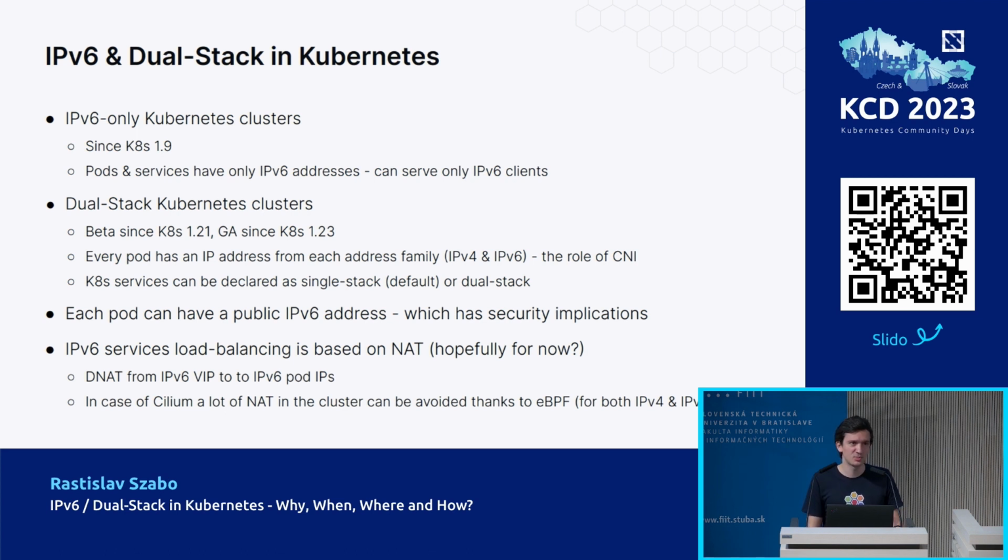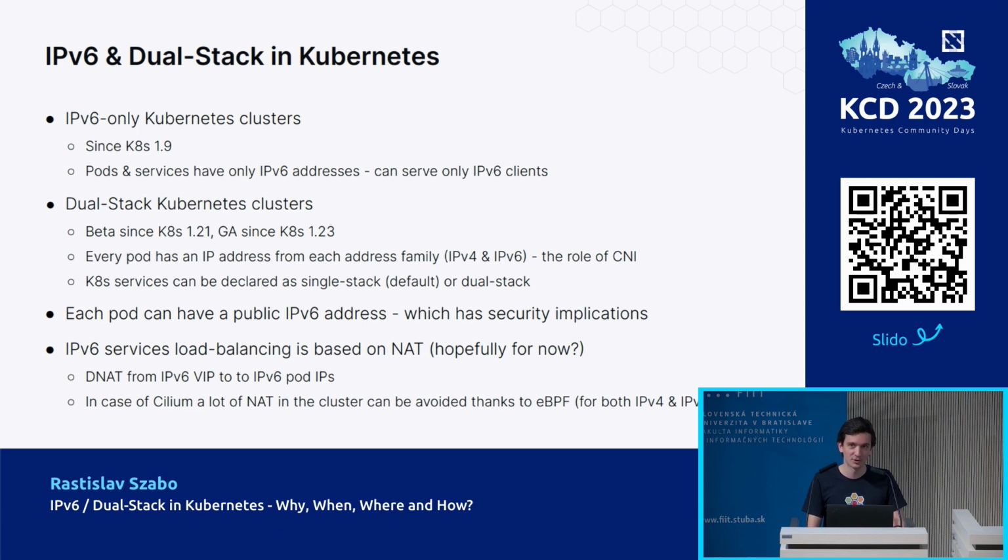In theory, each pod in your Kubernetes cluster can have a public IPv6 address, which also means that you may need more firewall rules in your cluster or in your setup. And unfortunately, in Kubernetes, we have not yet avoided network address translation. Even if we use IPv6, the service load balancing is still based on network address translation at the moment.